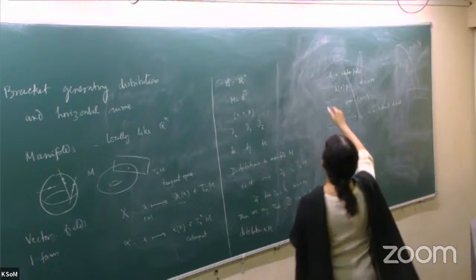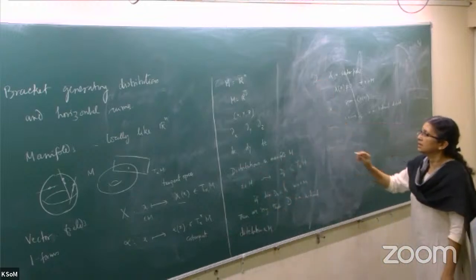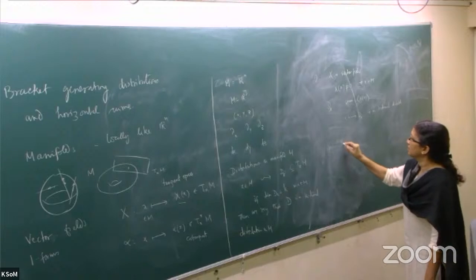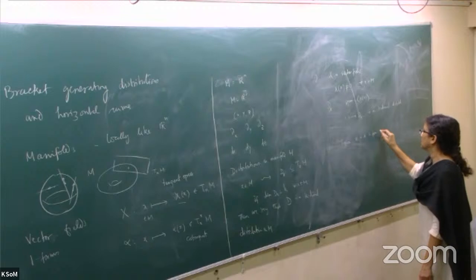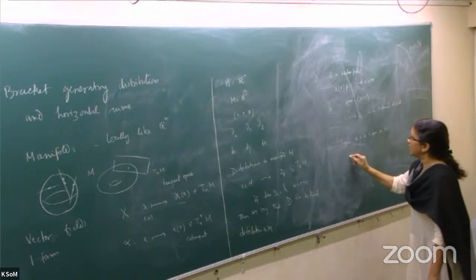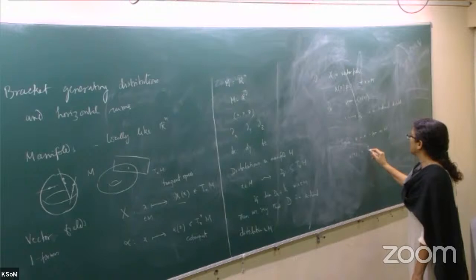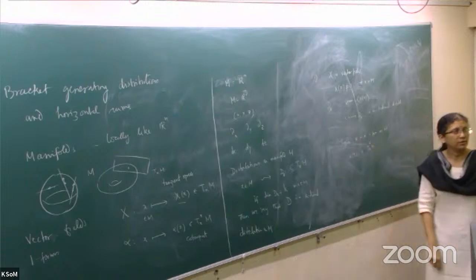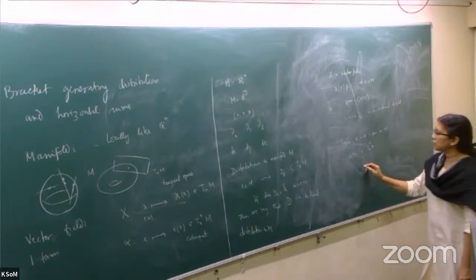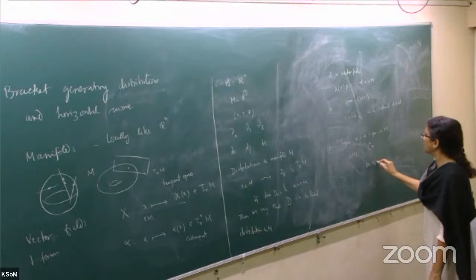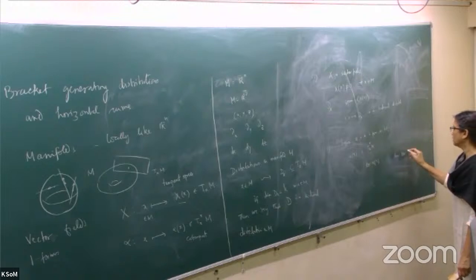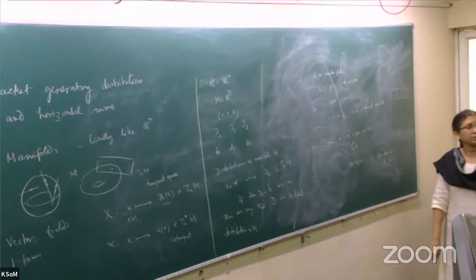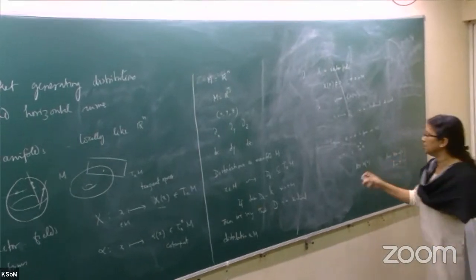The second example that one can see here is given by a one form. Suppose alpha is a one form on M. That means at each point alpha_x is in the dual of the tangent space. So I can talk about the kernel of alpha_x, whose dimension would be one less than the dimension of M, because it's the kernel of a linear function.